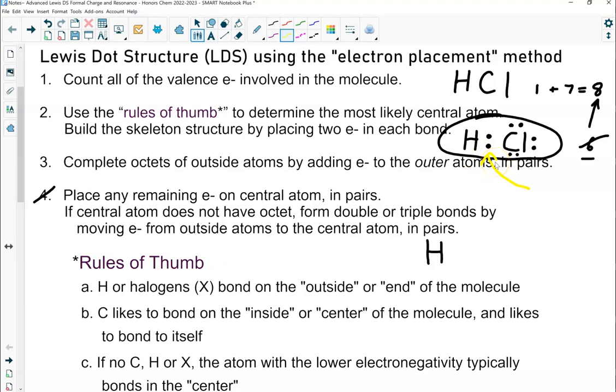Those are shared electrons. You are going to write as a bond line. So those 2 shared electrons become a bond line. And then you're going to complete the Lewis dot structure by just copying down what chlorine had around it, you see?